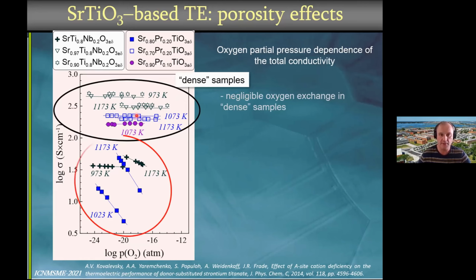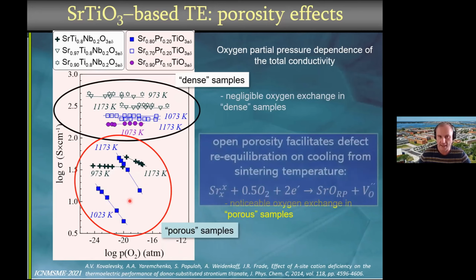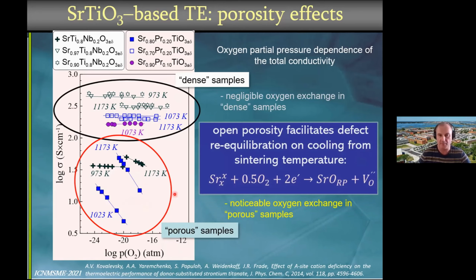On the opposite, the porous samples show some dependence, and this dependence is noticeable. So what I think is actually changing the conductivity mechanism is the fact that the open porosity facilitates defect rearrangement on cooling from sintering temperature. This rearrangement could actually involve the consuming of the charge carriers and the formation of extended defects.